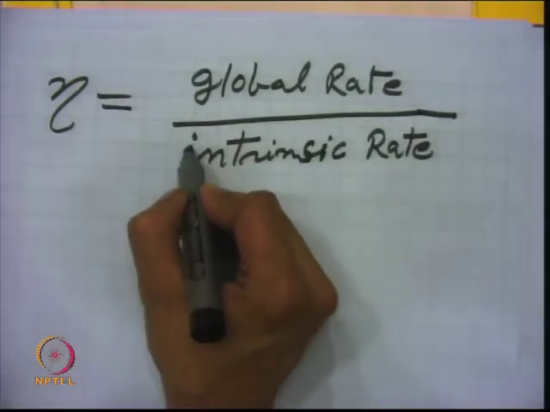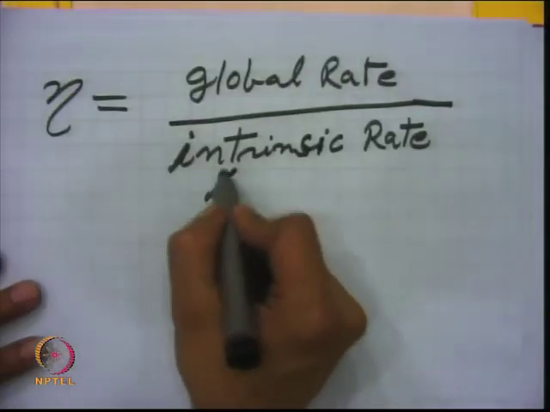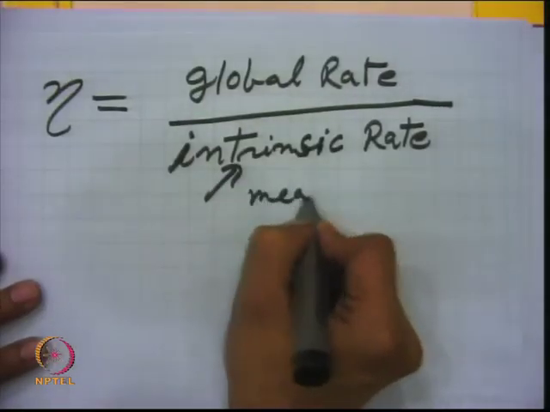Intrinsic rate is basically the maximum rate. I will change this sentence a little later, but right now I am saying intrinsic is the maximum rate, which is measured at the surface condition.